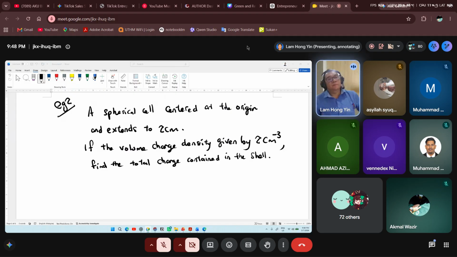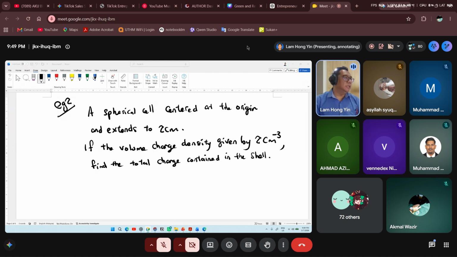Okay, guys, let's continue on the second example on the continuous charge. The first example, I showed you the surface charge, right? Now let me show you a little bit on the volume charge.